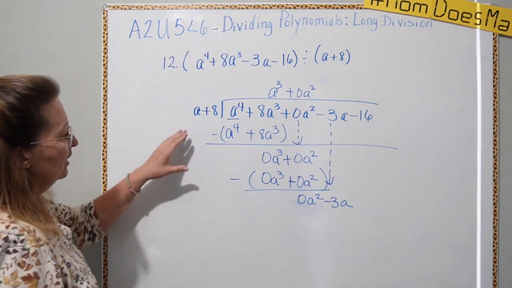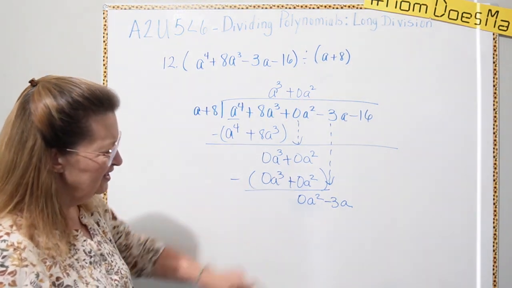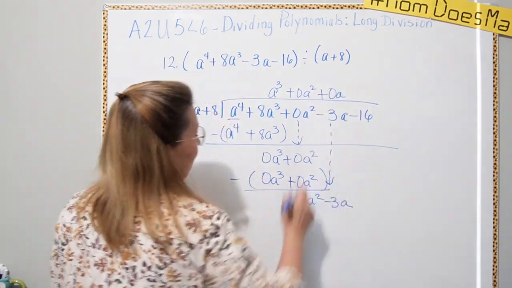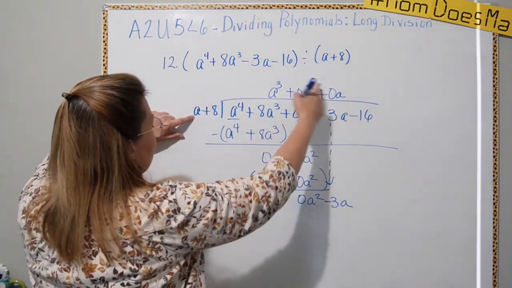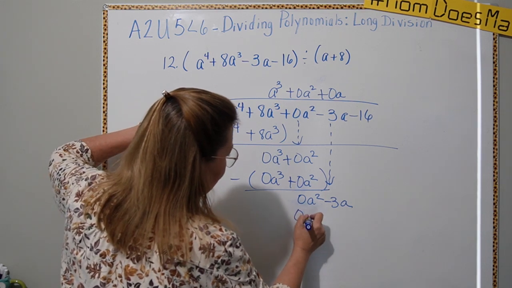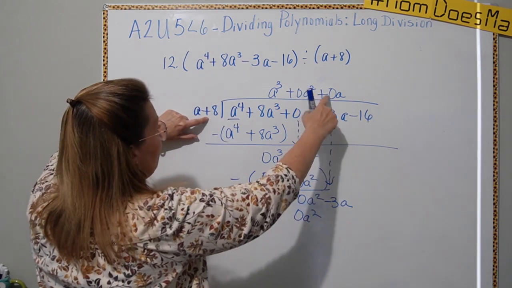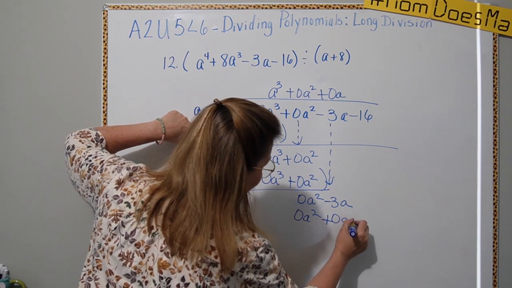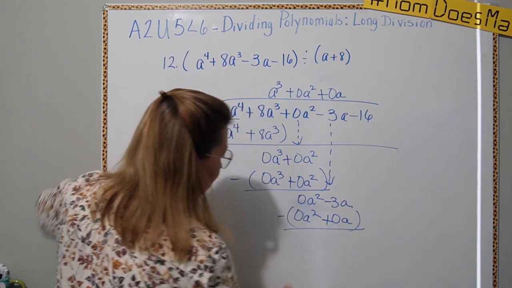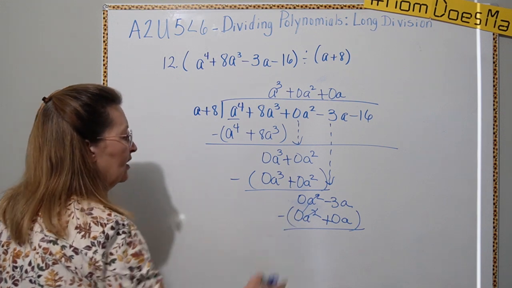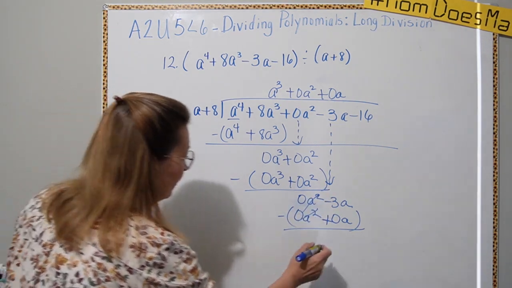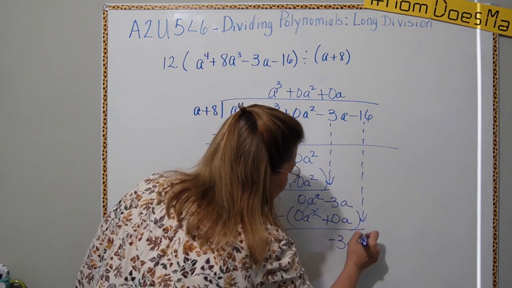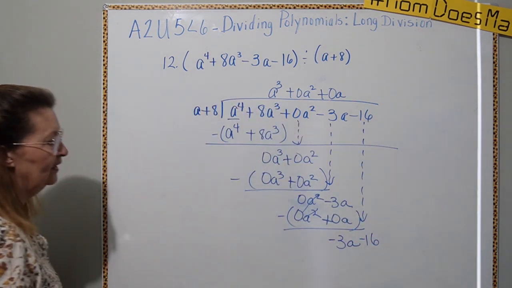Just keep going. Now, what would I multiply a by to get 0a squared? Well, another 0a. All right, so multiply. 0 times a is 0a squared, and 0a times 8 is 0a. And now we're going to subtract. These two cancel. Negative 3a minus 0 is negative 3a, and then I'm going to bring down the minus 16, okay?